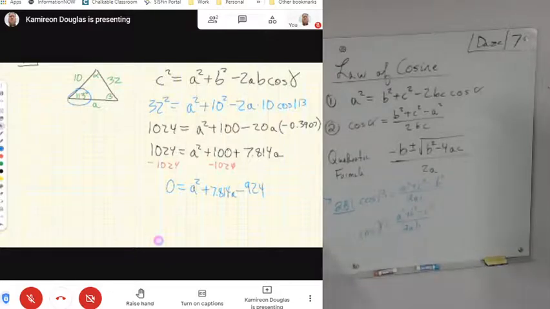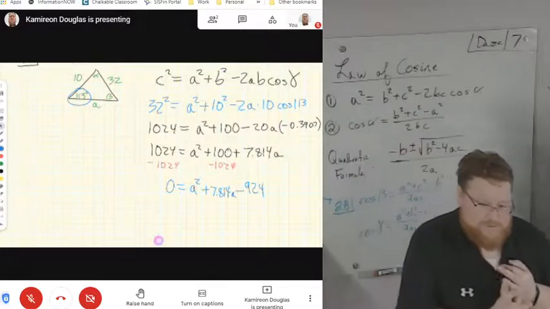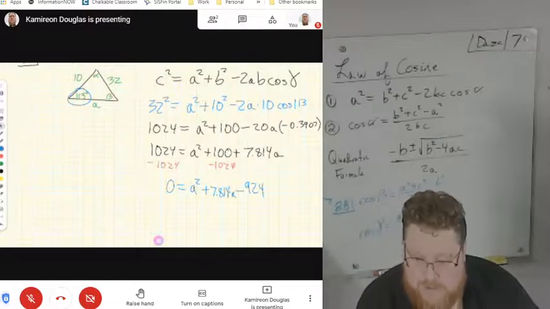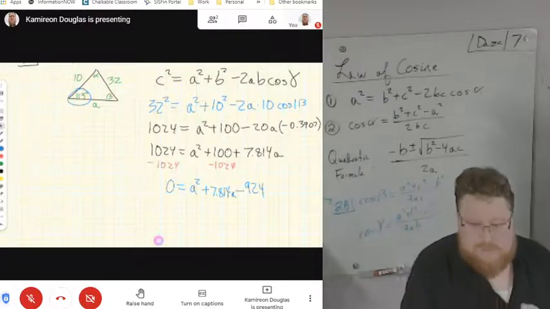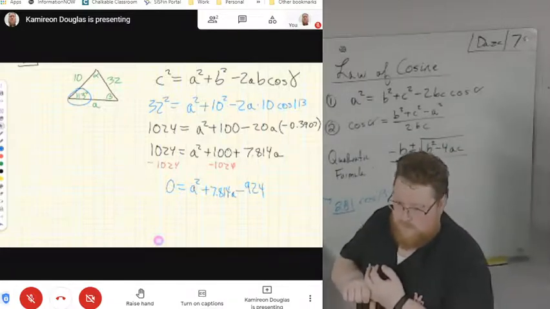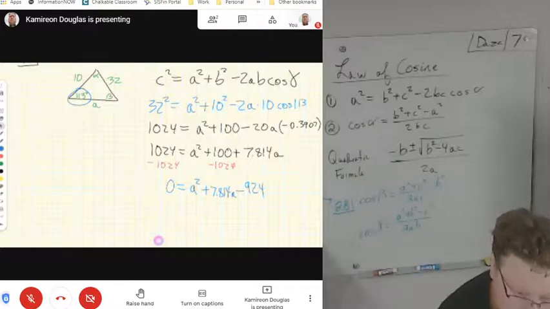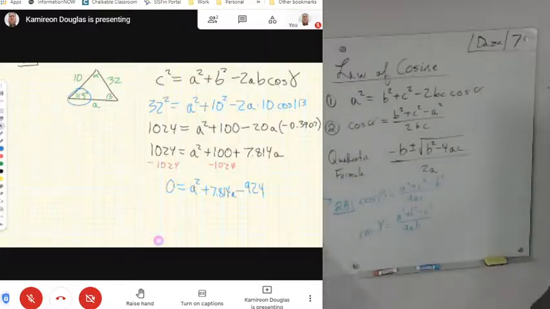What do you get? You plug in 1 for A. Hit enter. Plug in 7.814 equals. And then use the negative symbol, not the minus symbol, the negative symbol, 924.